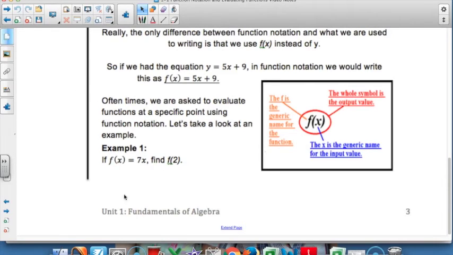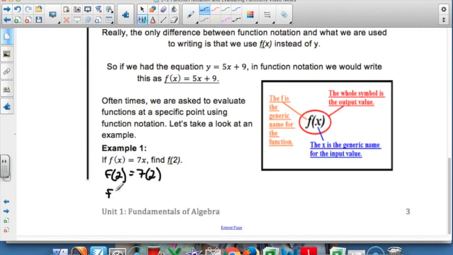So here's how you would do that problem. You would simply go in, and you'll notice here, instead of an x, there's a 2, which means we want to know what's the value of this when x is 2. So you're going to replace that x everywhere you see it with a 2. So all I did is, instead of writing x here, I wrote 2, because that's what the problem told me to do. And instead of writing x here, I wrote 2, because x is now equal to 2.